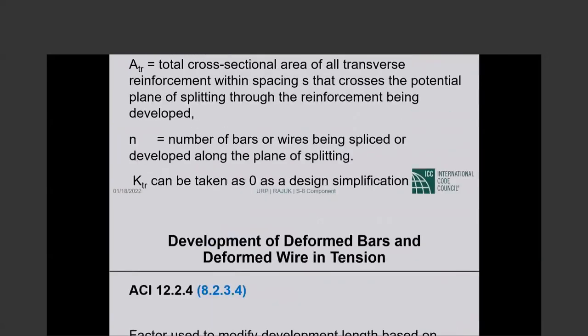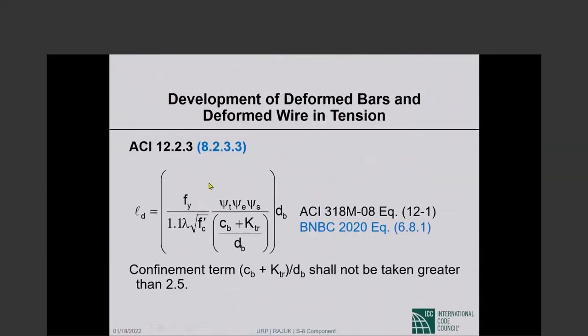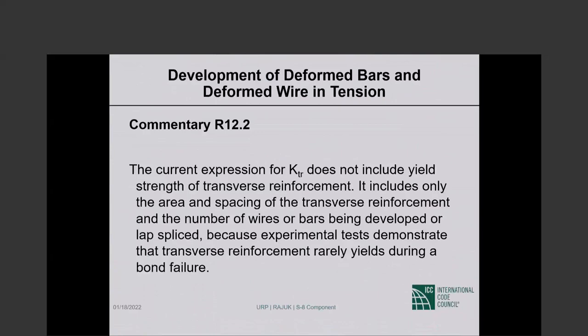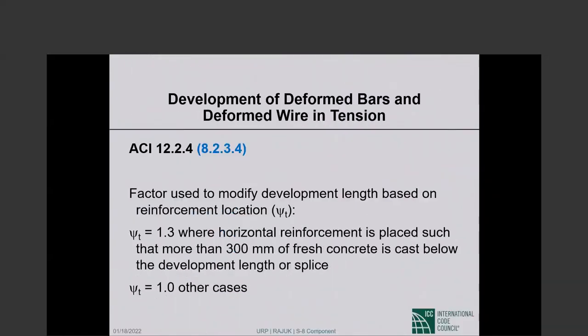I'm trying to get into the various things in this expression. Okay, C sub B, K sub TR, D sub B is just the bar diameter. So the factors psi sub T, psi sub S, and psi sub E. Okay, so psi sub T first, the top bar factor. What is a top bar?